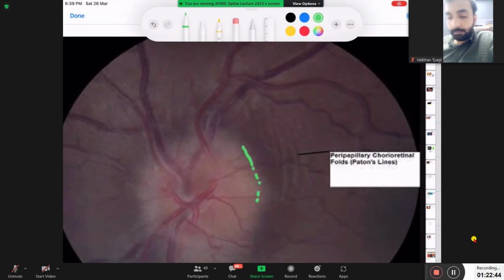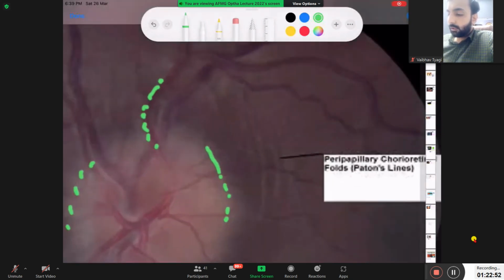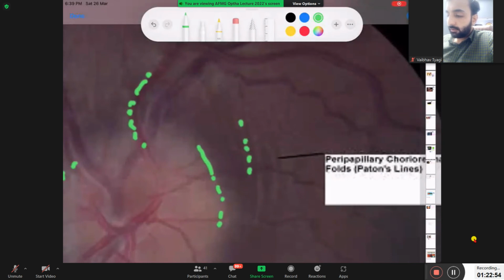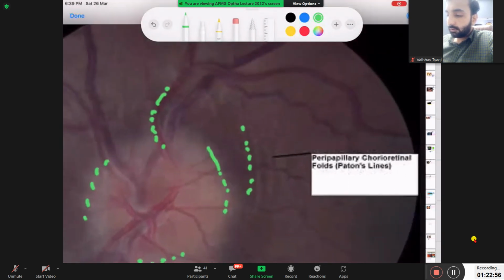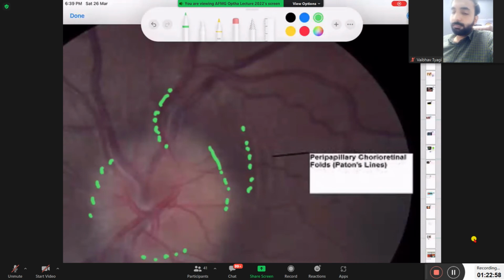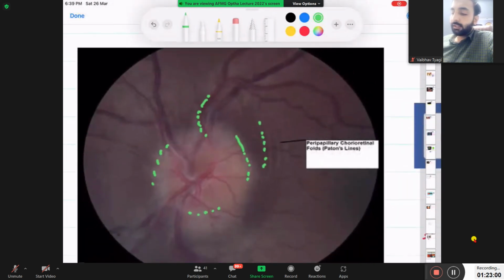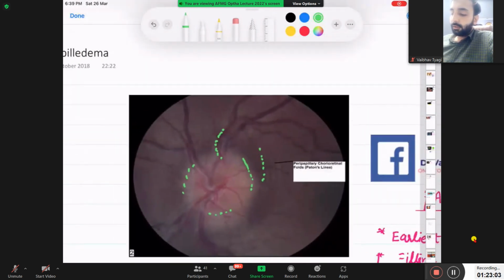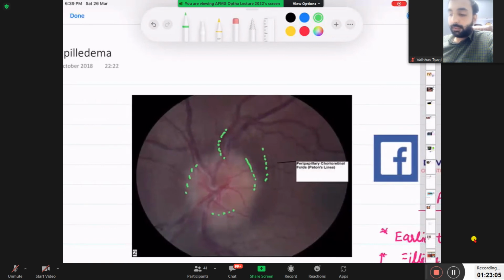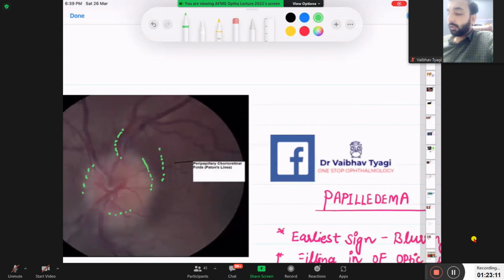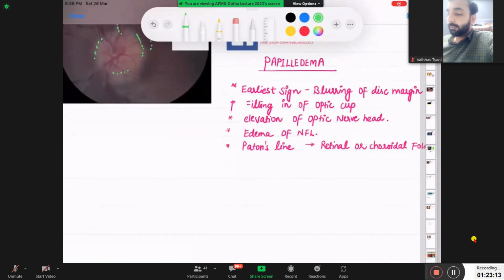They are not sharply demarcated, right? Can you appreciate these folds? These folds are called Paton's lines, and they are seen in papilledema. Papilla is the optic disc, and edema is edema of the optic disc. So that is your papilledema.